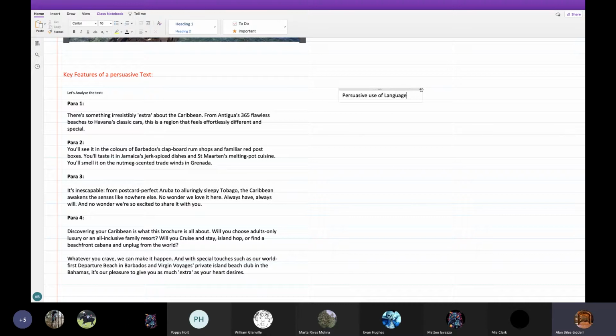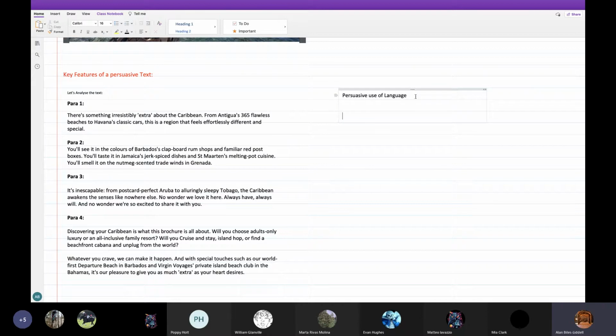So what we're looking at here is that persuasive use of language. And we're going through paragraph by paragraph. So paragraph 1, the text is, there's something irresistibly extra about the Caribbean. From Antigua's 365 flawless beaches to Havana's classic cars, this is a region that feels effortlessly different and special.